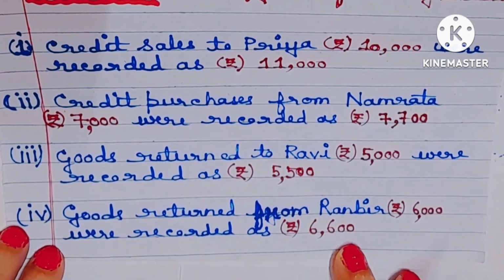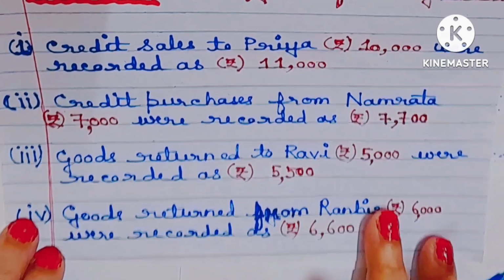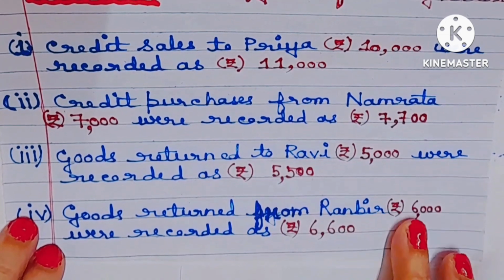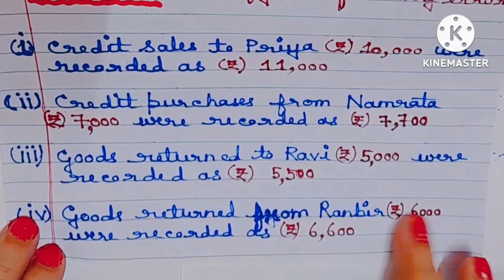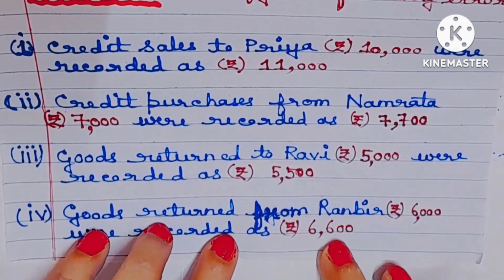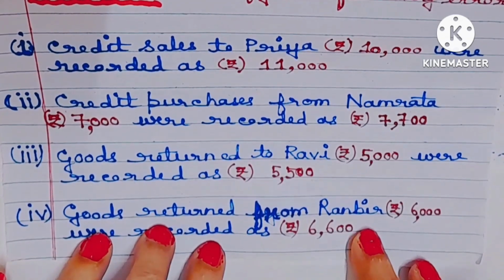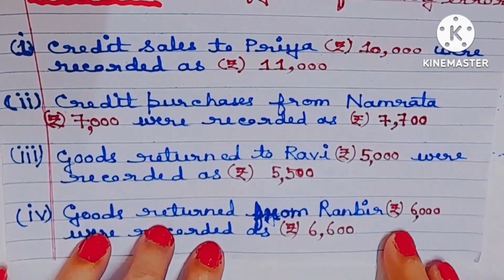Okay, so what will be the wrong journal entry? The journal entry is correct. Sales returns account debit to Ranveer account, but instead of 6,000, they have wrongly recorded rupees 6,600. That means rupees 600 has been recorded more in the wrong entry.